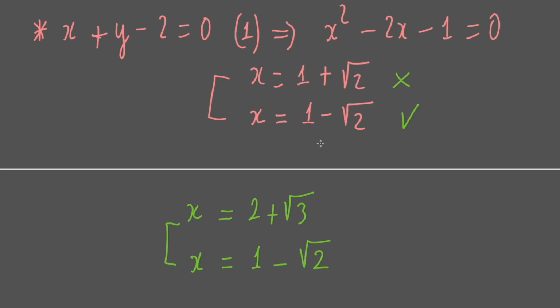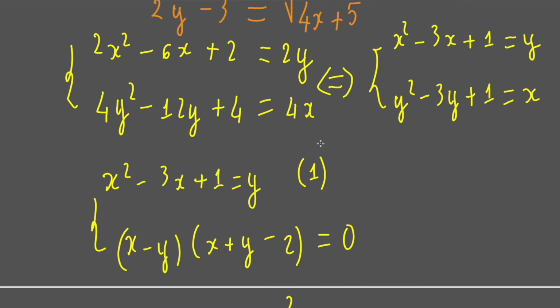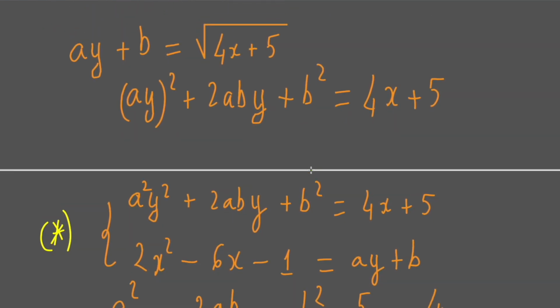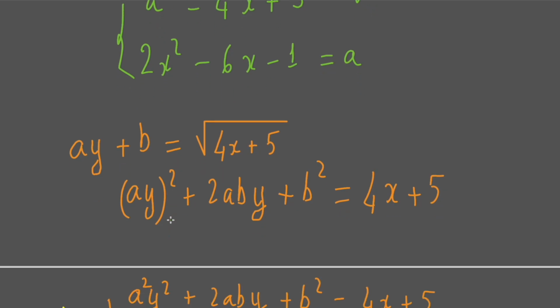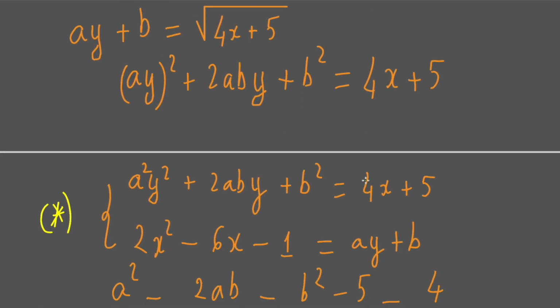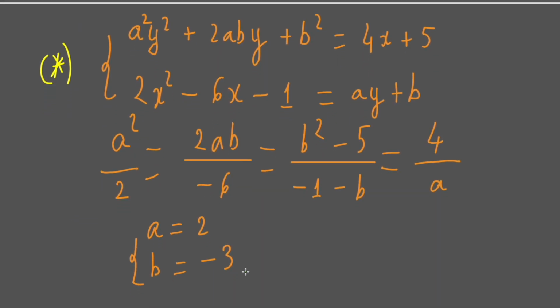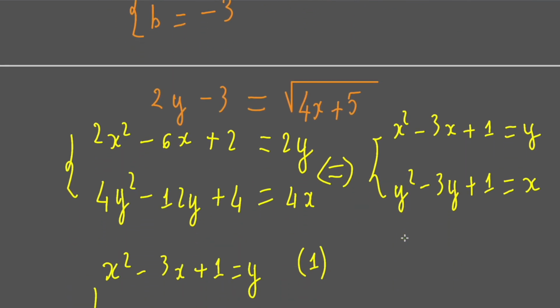The most important thing in this problem is the way you put the substitution here and the way you find the coefficients a and b. I already showed you how to calculate the a and b values and then replace them back into the equation.